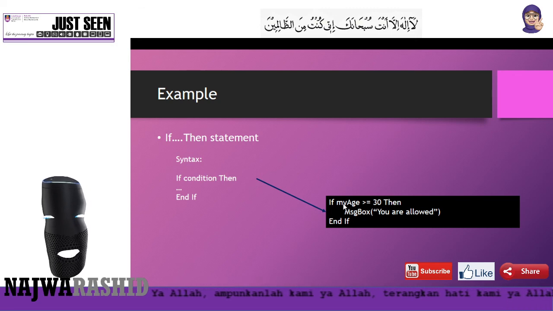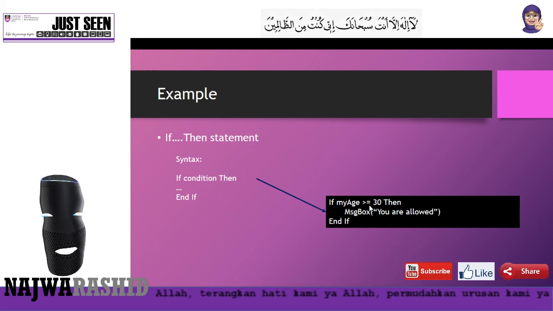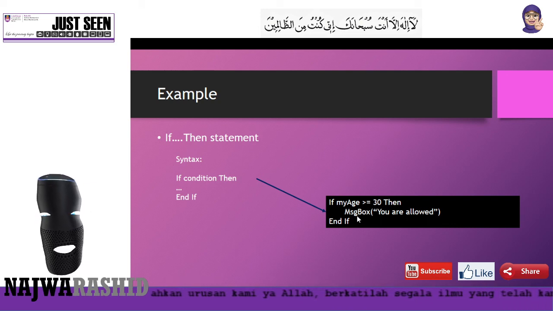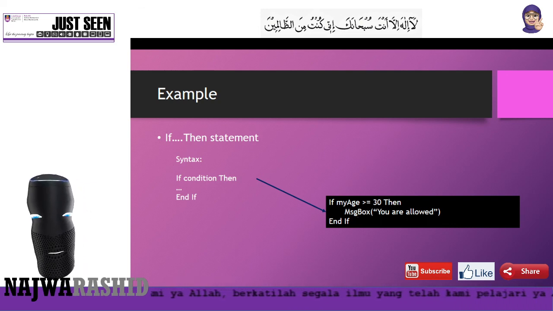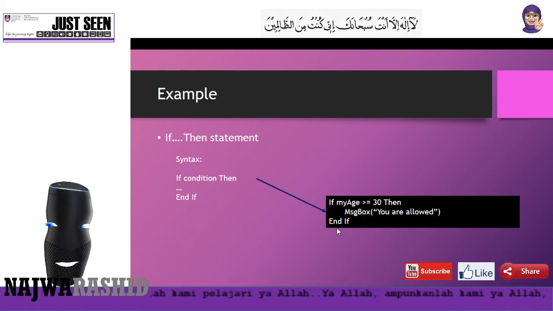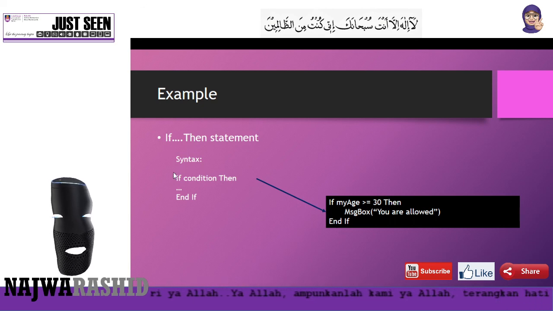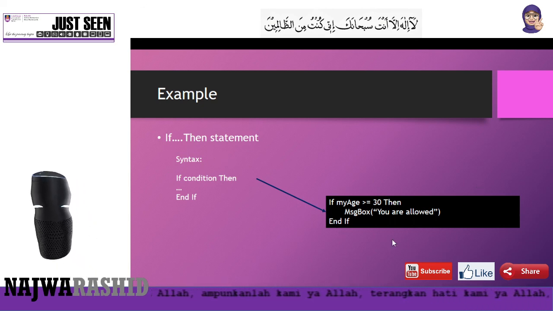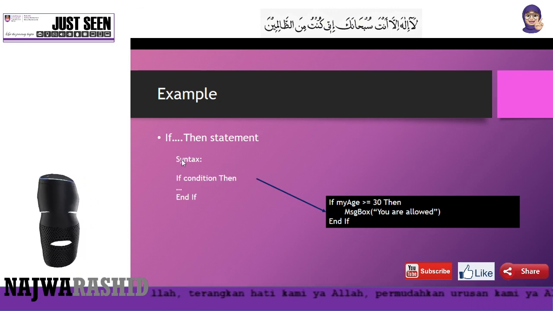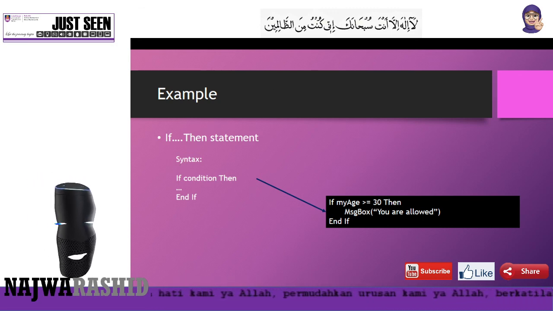Let's say my age is the variable. If my age is greater than or equal to 30, then it will pop up a message box saying that you are allowed. This If statement will be ended with the End If. This is the example of how we write this syntax in Visual Basic programming.